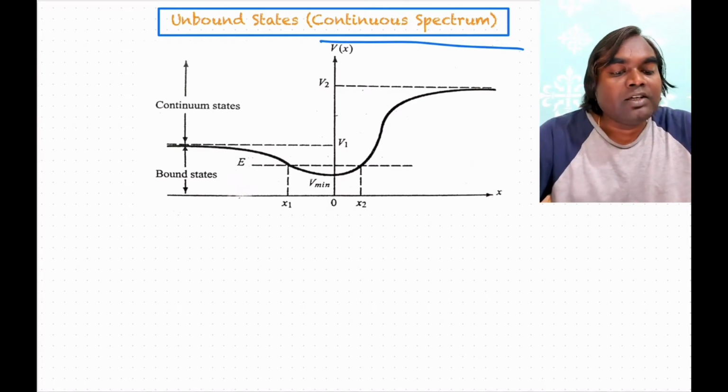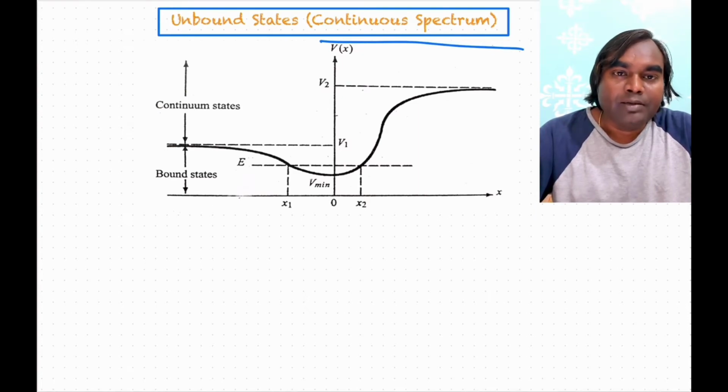Unbound states occur in those cases where the motion of the system is not confined. A typical example is the free particle. That means there is no confinement for the particle. The particle is free to move. In that case, the state is known as an unbound state.